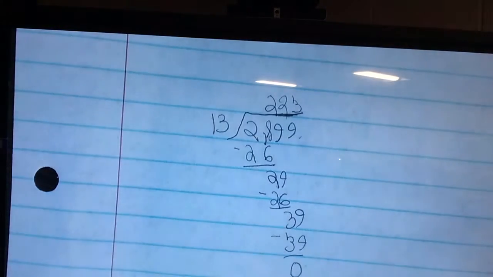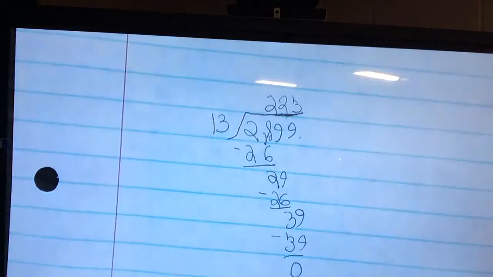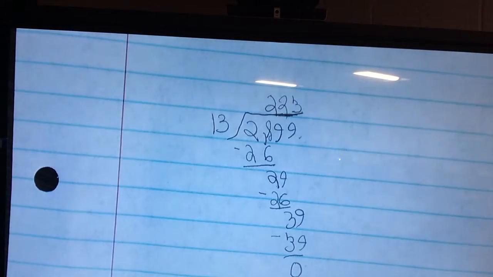What I'd like for us to use from now on, just as our standard, is the fraction, because since we are going to be doing fractions this cycle, I think it better shows how much of the divisor is actually left from the dividend when we show it as a fraction.